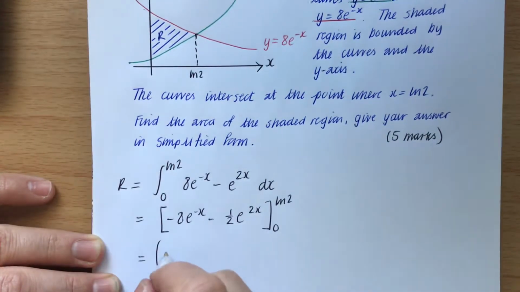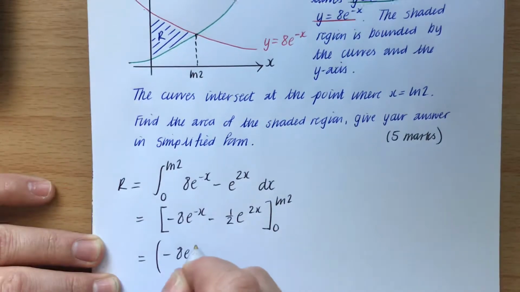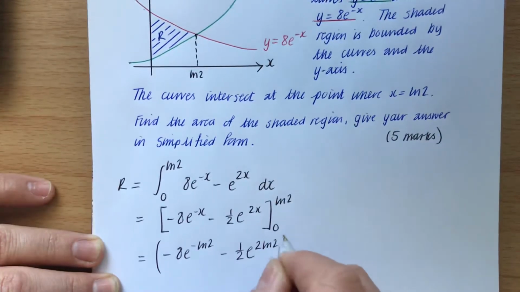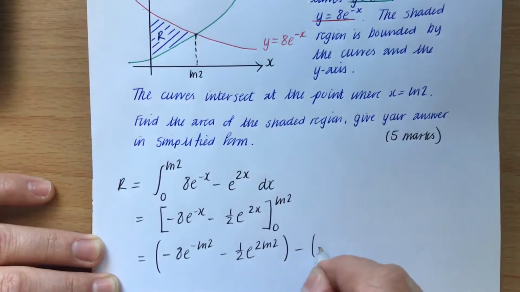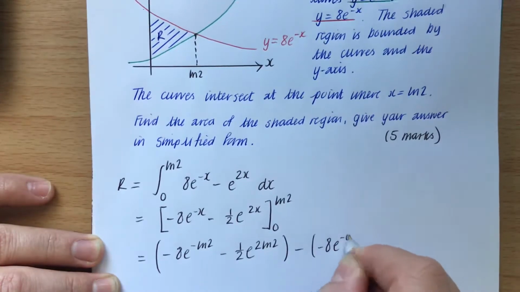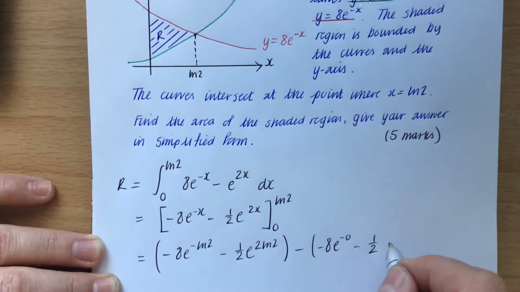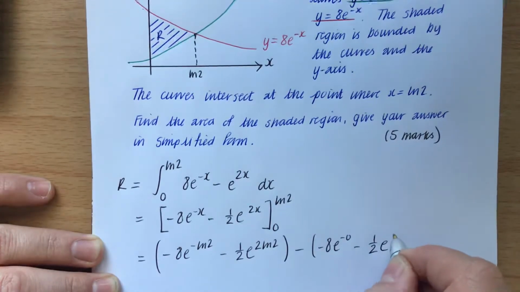Subbing in log 2 first, minus 8e to the minus log 2, minus a half e to the 2 log 2. Subbing in 0, minus 8e to the minus 0, minus a half e to the 2 times 0.